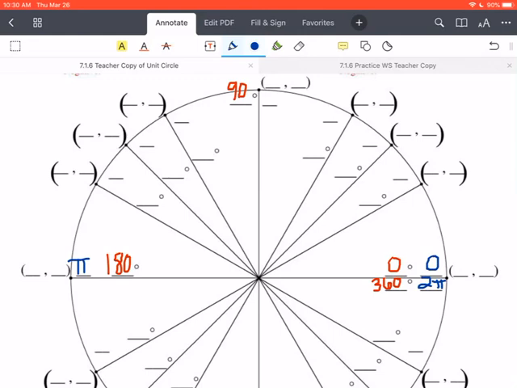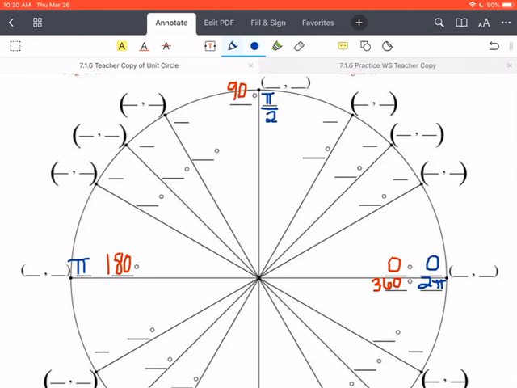Now if I backtrack and look at my first semicircle and think about cutting it in half, what would I do to pi to cut it in half? I would divide it by 2. So we have pi divided by 2.